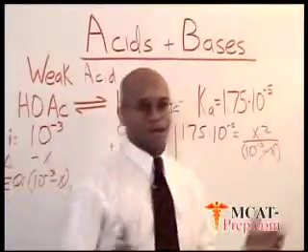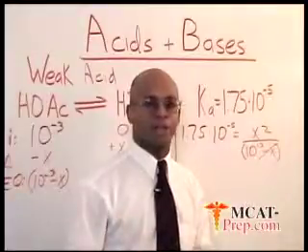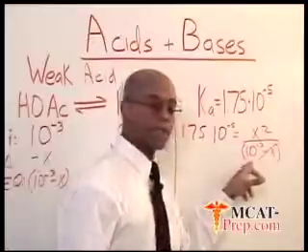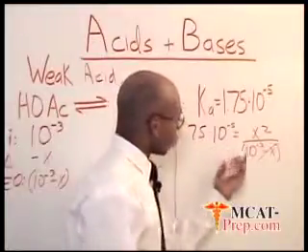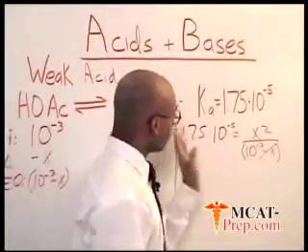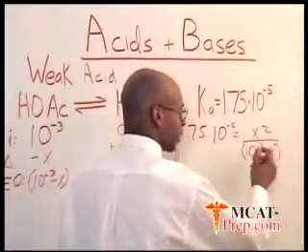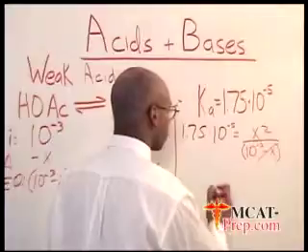Once we've done that, now it becomes very easy to solve. It's basic algebra. We have 10 to the minus 3 in the denominator. So in order to bring that up, we multiply both sides by 10 to the minus 3. Therefore, 10 to the minus 3 would cancel on the right-hand side of the equation.